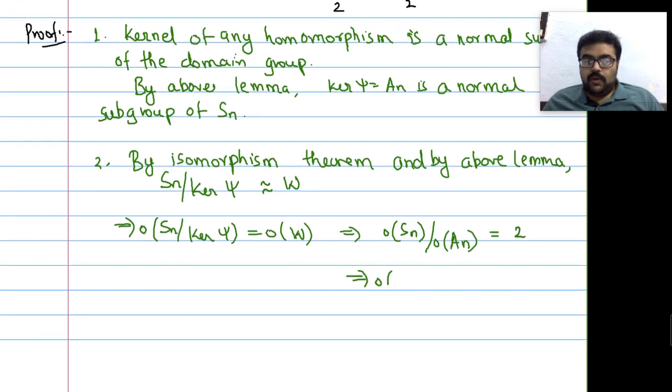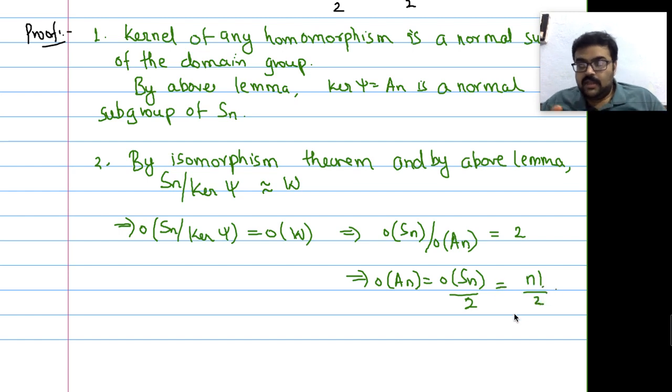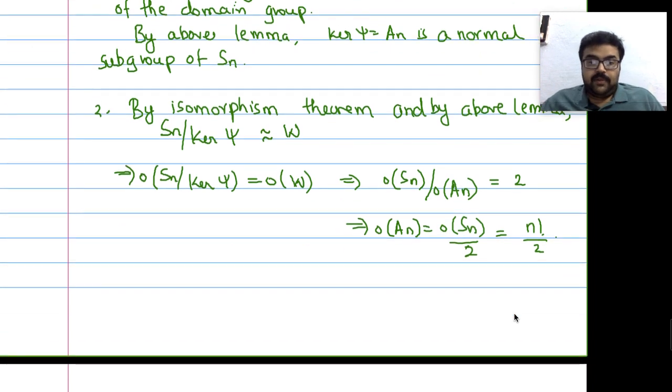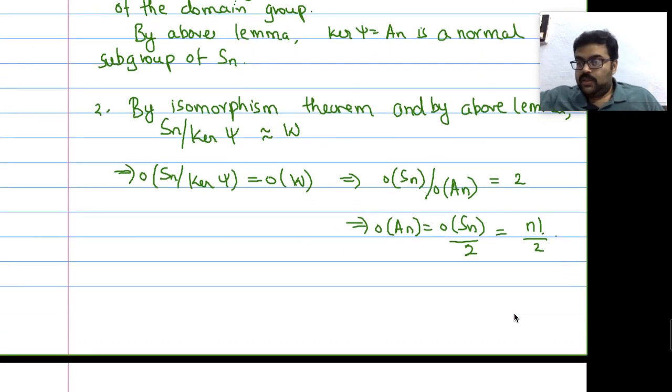So order of An will be nothing but order of Sn by 2. What is order of Sn? If S has n elements, Sn has n factorial. So this is n factorial by 2. So exactly half of the permutations are odd, and half are even.